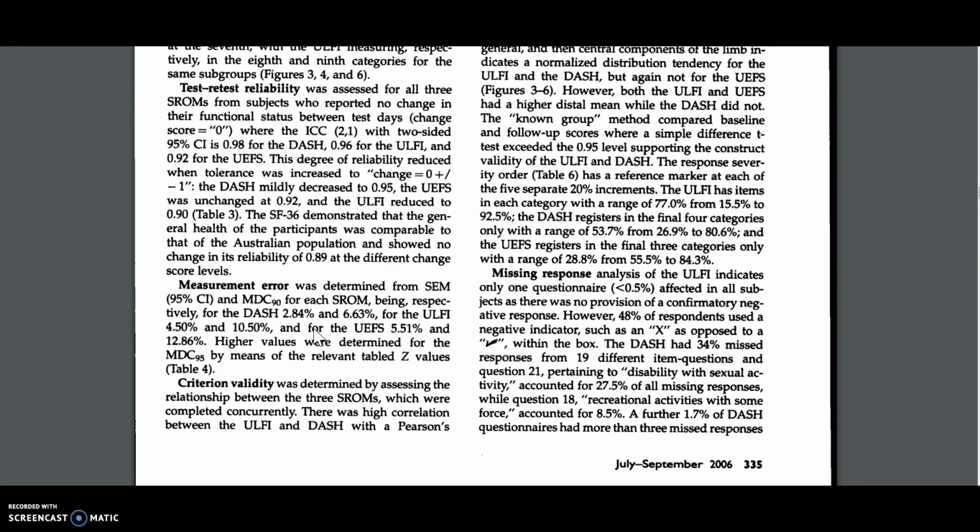Those true values should fit within that range, but they have to measure what they will consider error. They used the standard error of measurement with a 95% confidence interval, and they measured it based on the MDC, the minimally detectable change, at 90%, and also the minimally detectable change at a 95% confidence interval. Okay, so all of this information is just for test retest reliability.